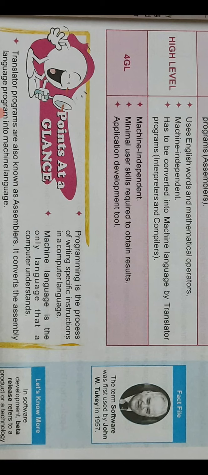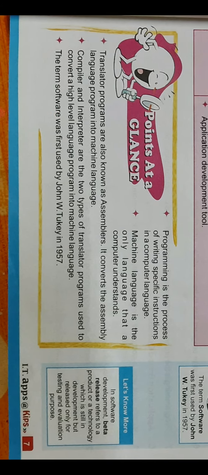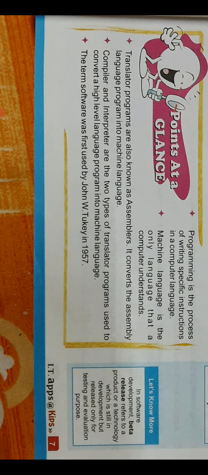The term software was first used by this man in 1957. In the last box, in software development, beta release refers to a product or a technology which is still in development but released only for testing and evaluation purpose. So these are all we have.